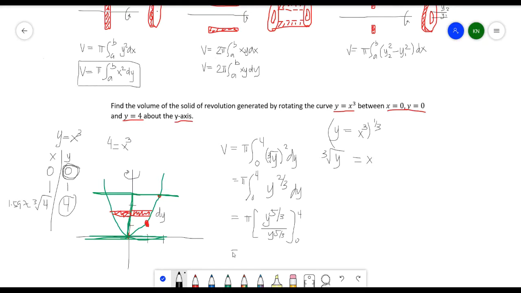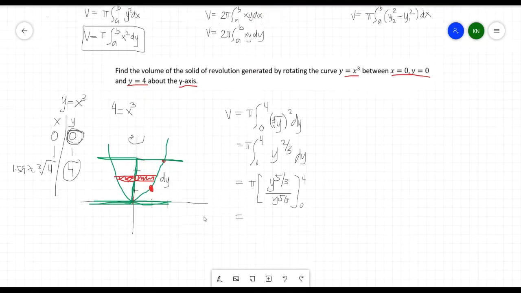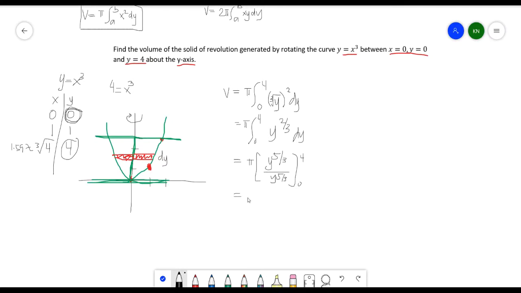So substituting our limits to our equation, we now have pi times 4 raised to 5/3 all over 5/3 minus 0 raised to 5/3, that is still 0, right?